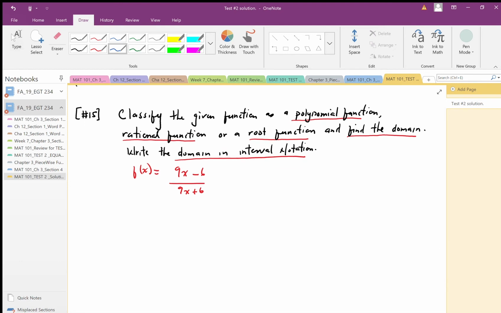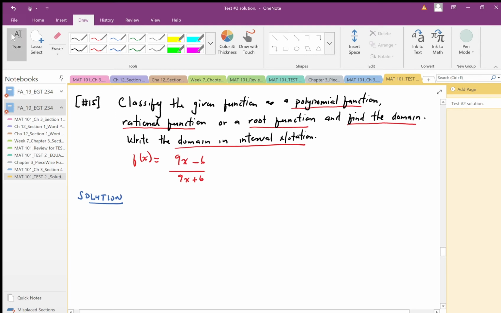Okay. So for our solution, we know just looking at this expression here, it's a rational expression. So therefore, for number 1, it's going to be a rational function. Right?